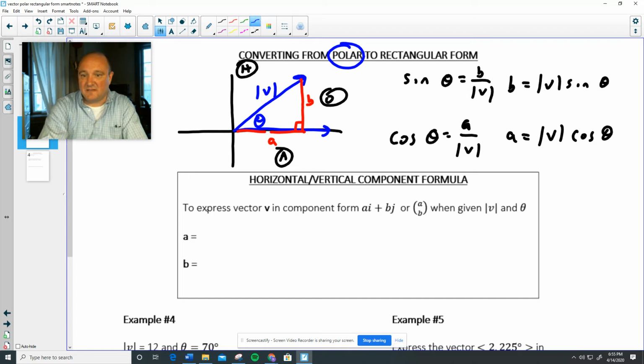So these are our formulas to express vector V in component form, like so, or like so. We're trying to find A and B when we're given the magnitude and the direction. So A is equal to magnitude times cosine of theta, and B is equal to magnitude times sine of theta.